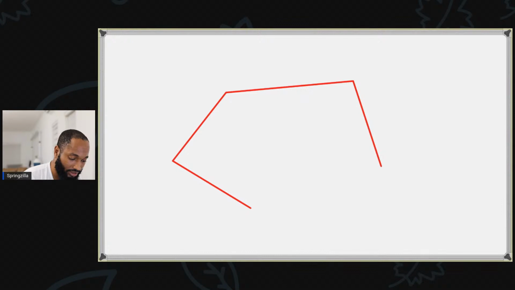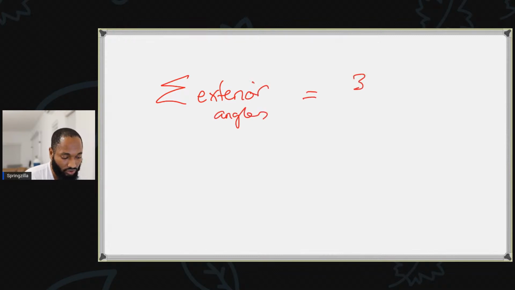If you have regular shapes, whatever it is, the sum of all the exterior angles is 360 divided by n, where n is the number of sides.